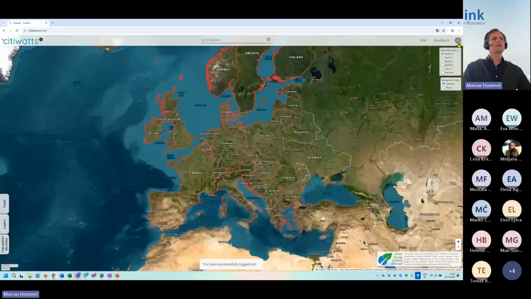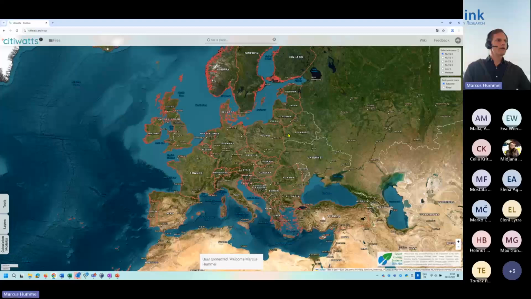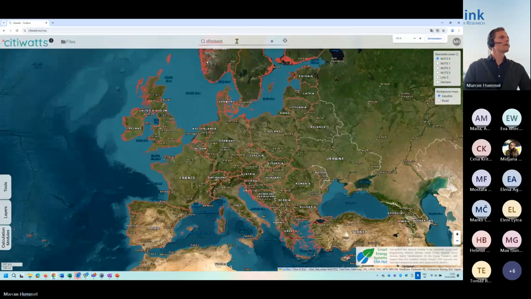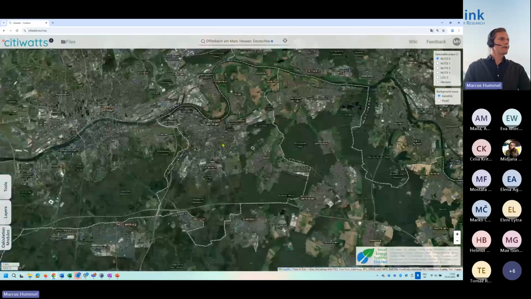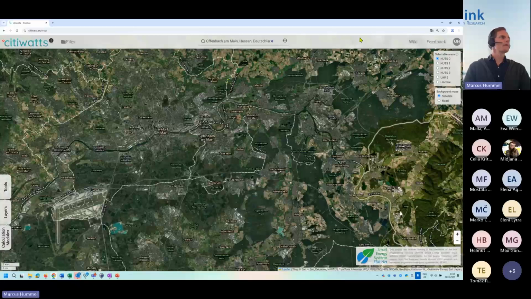Let's go out and go in again so that you see it's important to log in at the beginning. And then I go now to the city of Offenbach, so you can search that here. What it gives me now is Offenbach am Main in Hessen. So that's the city that we analyze.